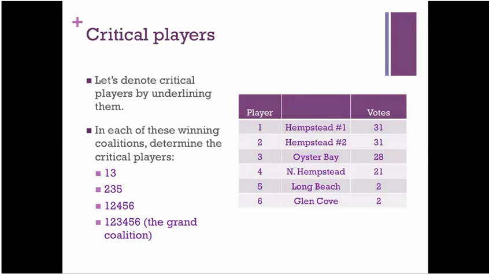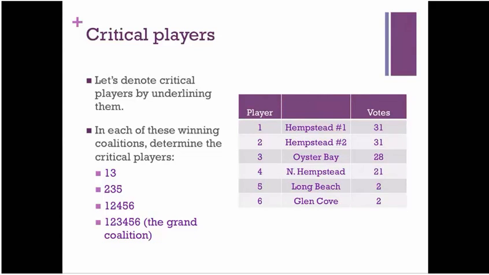All right, let's go on to the next one, the coalition consisting of players 2, 3, and 5. And that is, again, a winning coalition, and the total number of votes in that coalition is 61.